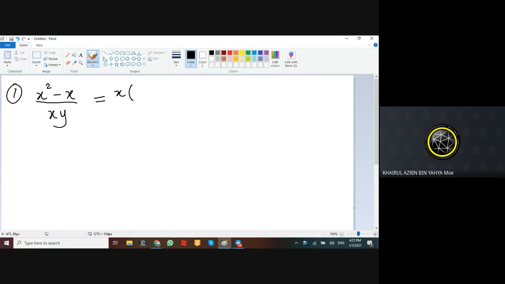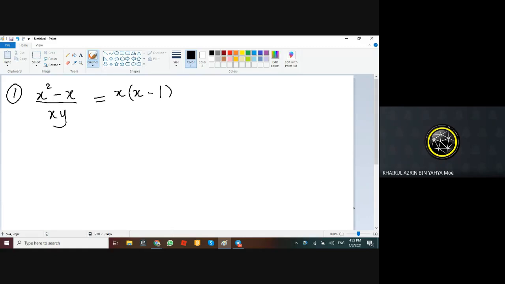We can factorize x outside of the bracket. So on the first term it becomes x, so x times x equals x squared. And here, when we factorize x outside, this one should be 1.